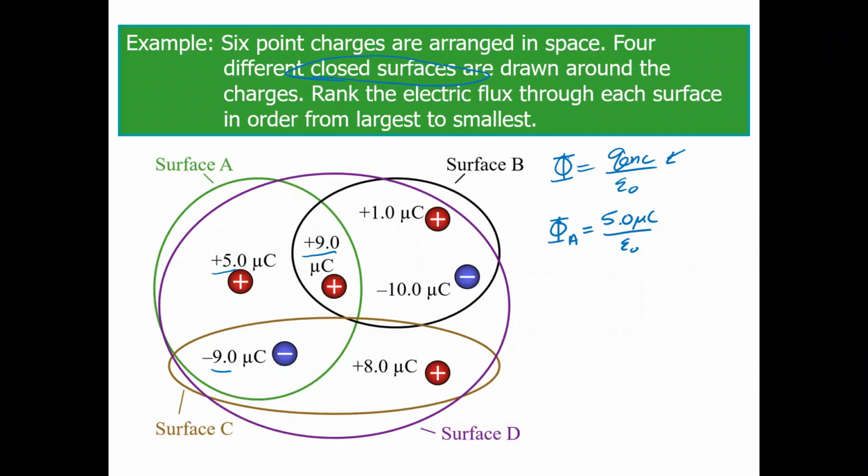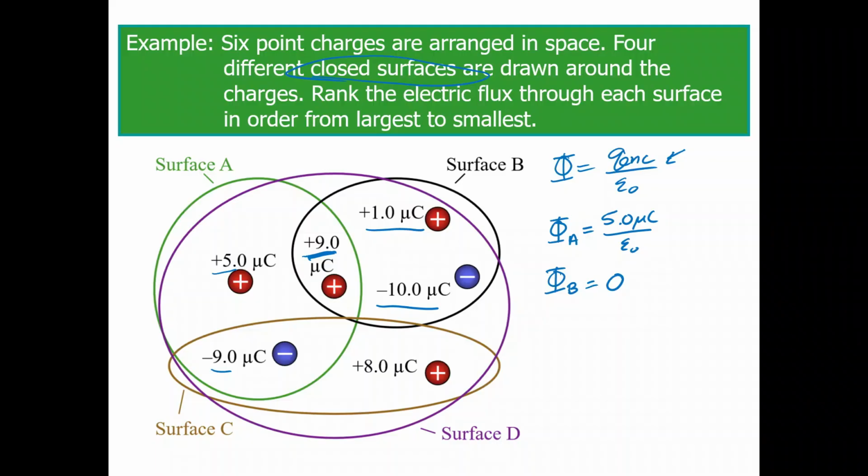We don't have to. Then if we look at surface B, it has the positive 9, the positive 1.0 microcoulombs, and a negative 10 microcoulombs. So positive 9 plus positive 1 is 10, minus 10, that's actually 0. So the flux for B is actually 0 because there is no net enclosed charge.